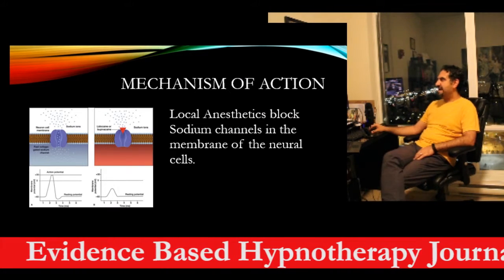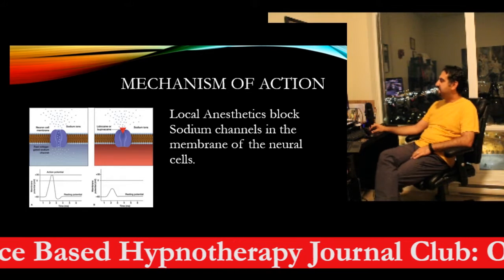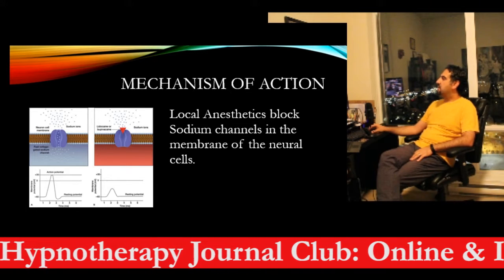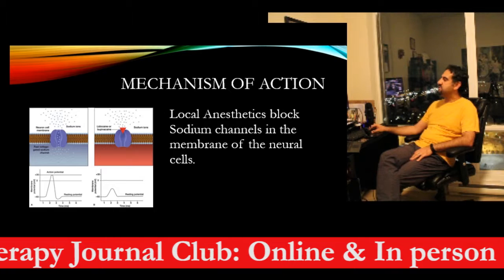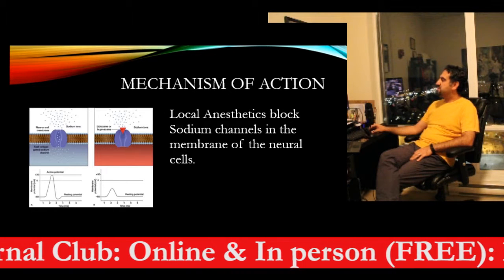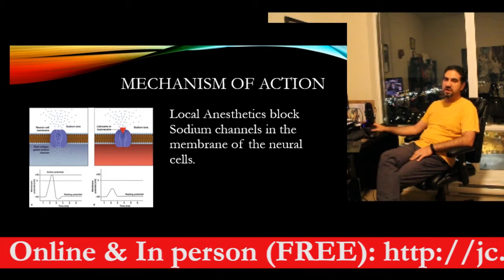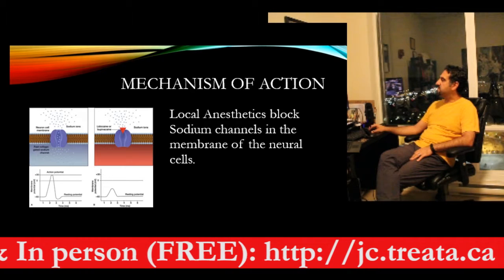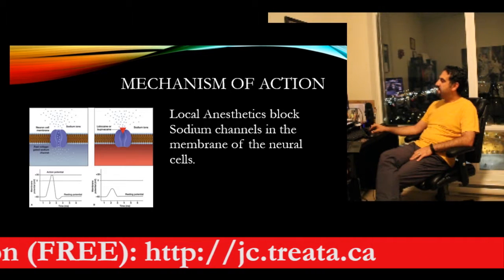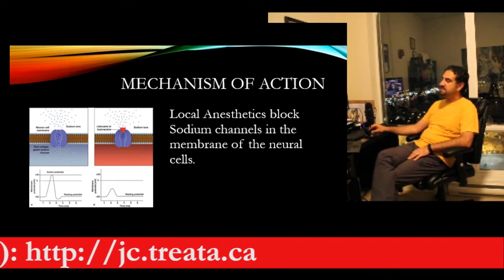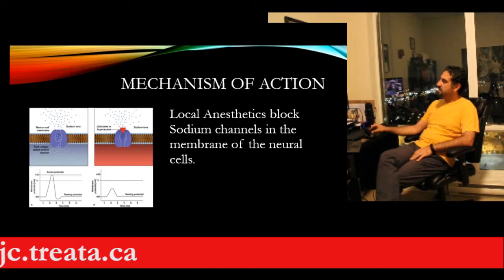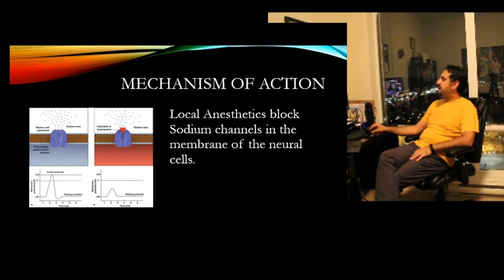So what's the mechanism of action of local anesthetics? They are sodium channel blockers. As you know, there are some sodium channels in the double lipid membrane of the neural cells. The role of sodium channels is to transport sodium outside the cell and bring potassium inside the cell.